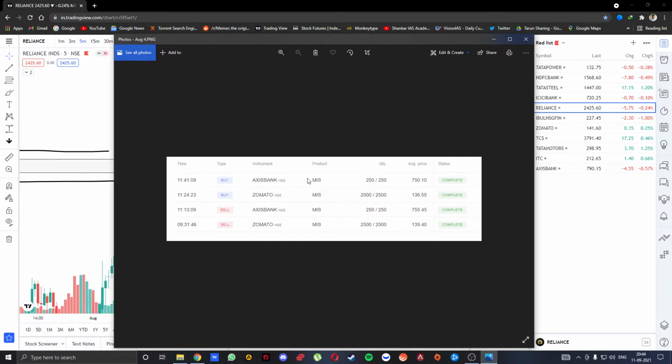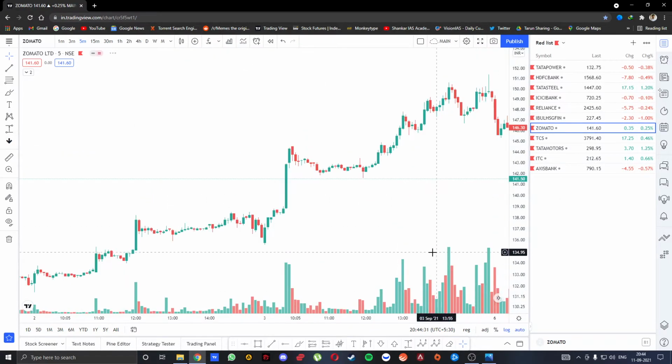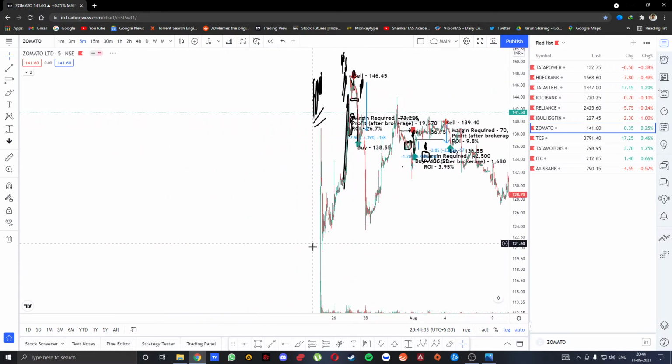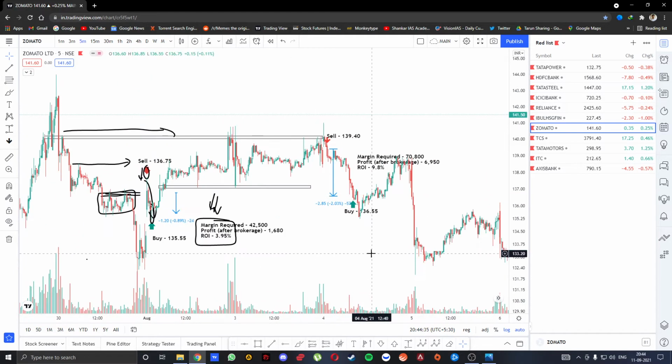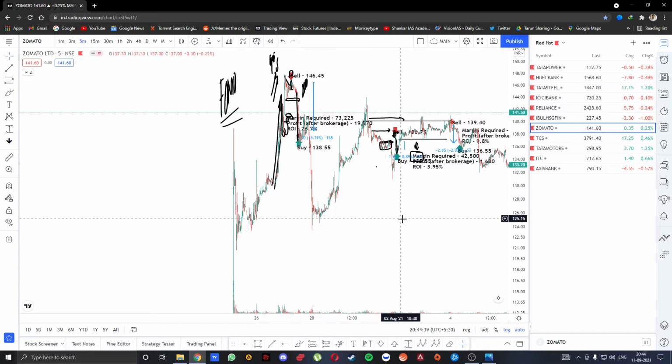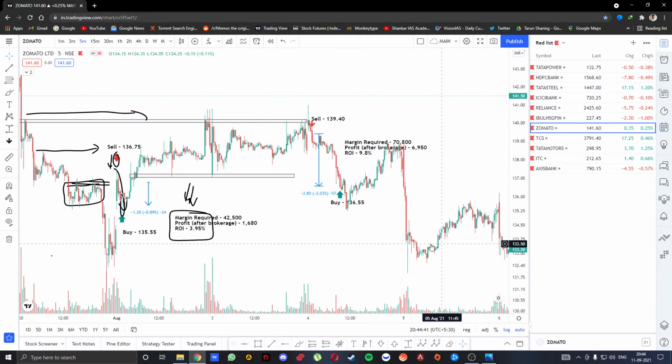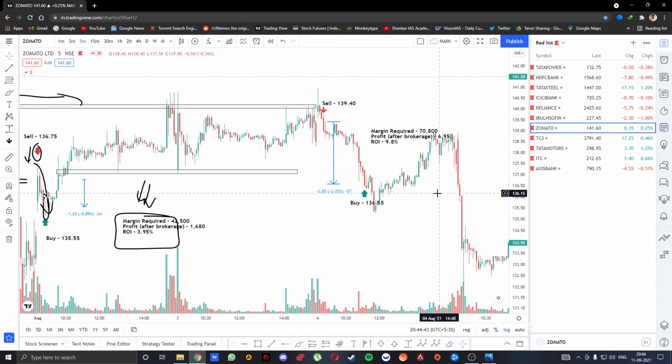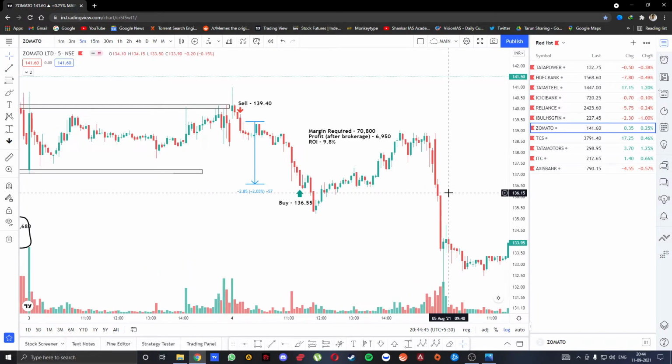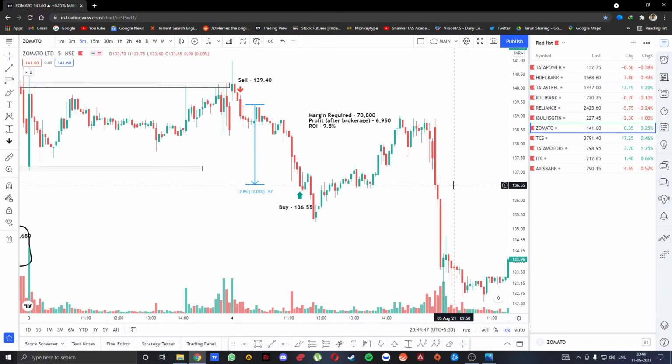Now one last page which I want to show is again a trade in Zomato and Axis Bank. Let's look at the third trade in Zomato. I was trading this stock a lot because it was listed new and it had a lot of liquidity and it was moving very frequently, so good volatility and good trades here.